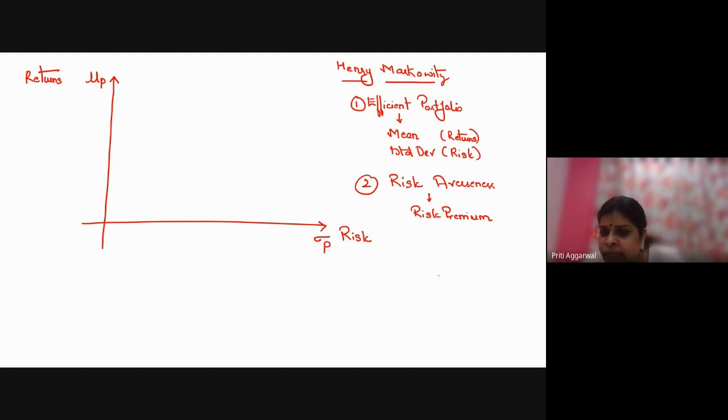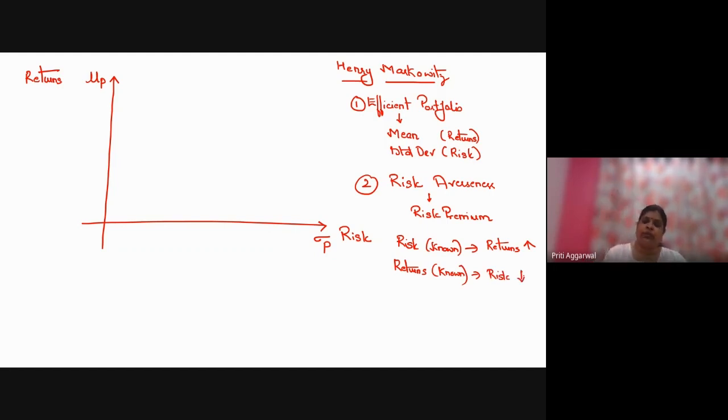So if, let's say, your risk is known, if there is a given level of risk, I will always like my returns to be the highest, right? If, let's say, I am aware of the returns, or the returns are known to me, then I will always like to have the minimum risk in my portfolio. That was the third assumption which was made in Henry Markowitz's portfolio optimization theory.